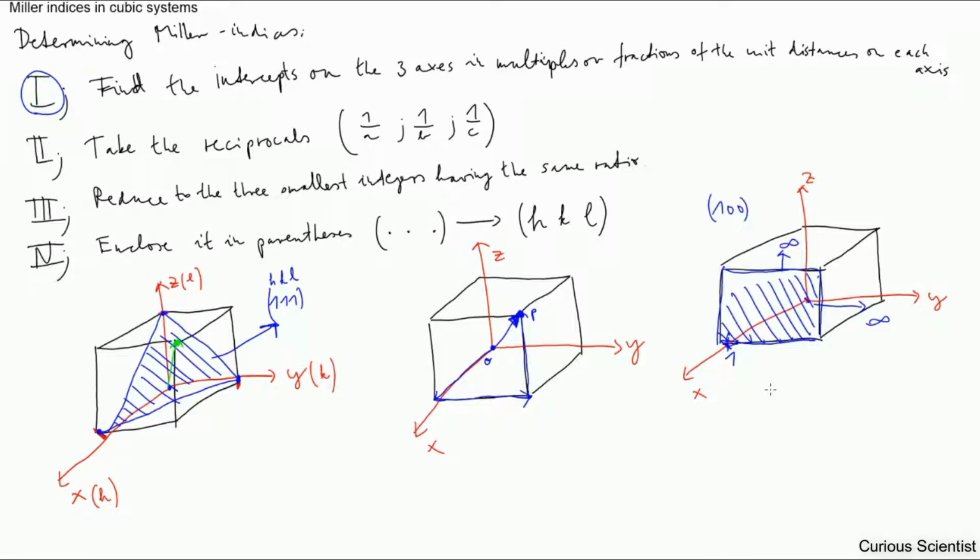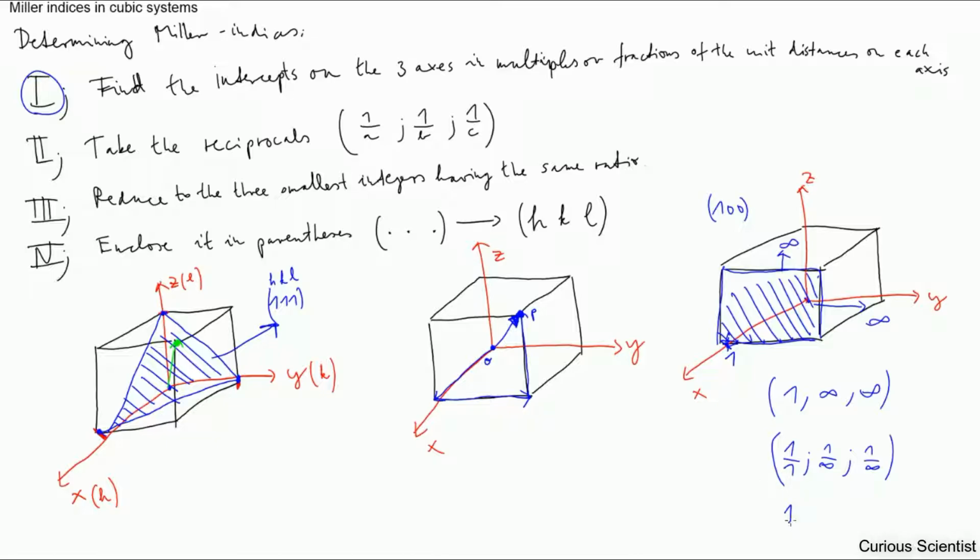So therefore we just write down 1, and then infinite, and infinite, and then we take the reciprocals, so 1 over 1, and then 1 over infinite, 1 over infinite, right?